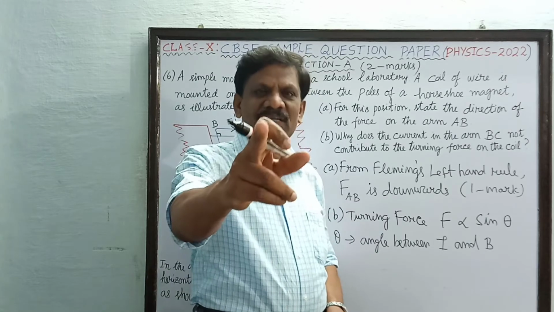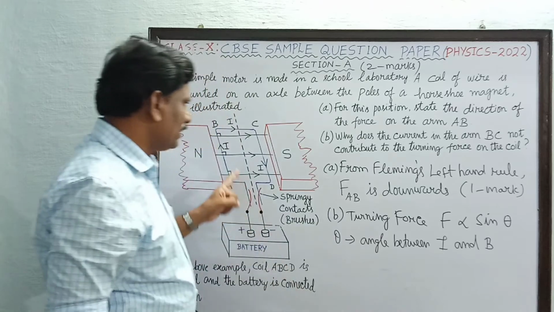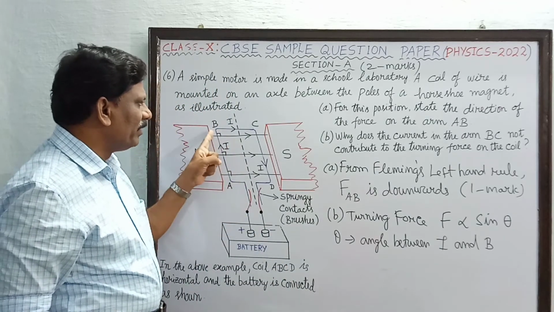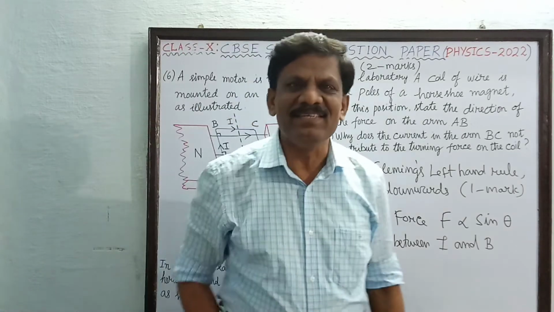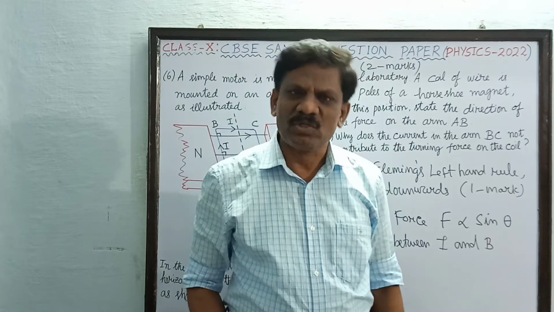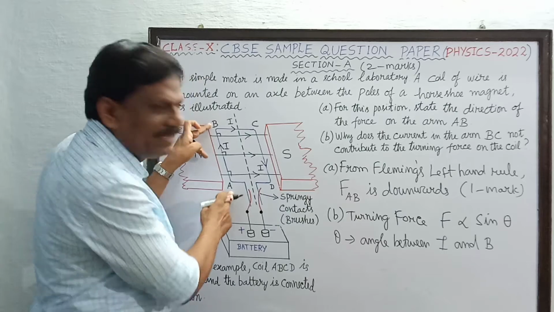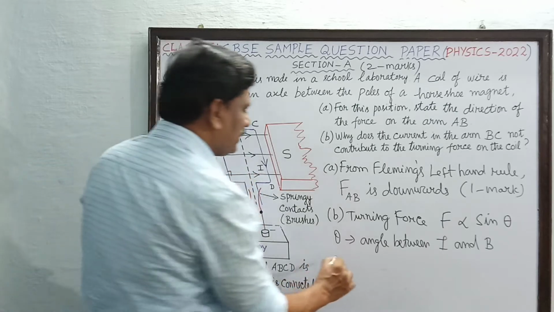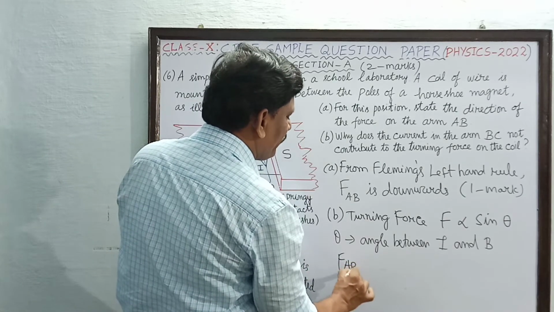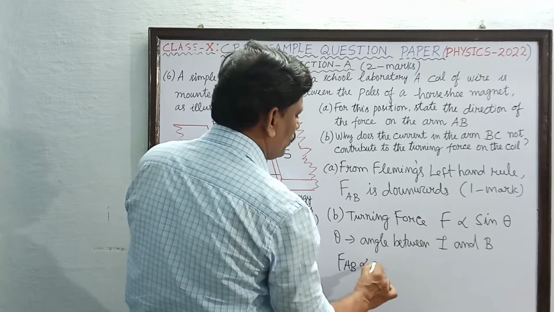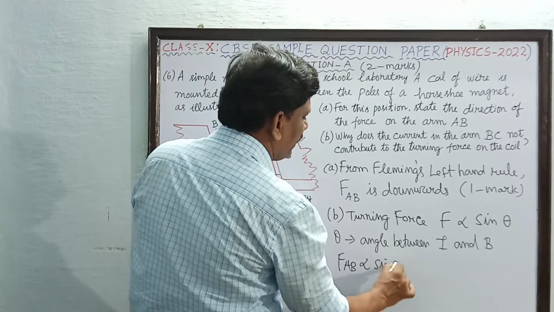But I hope you understood that the direction of the current is perpendicular to the field in AB but parallel in BC. Is it not? So what is the angle between current and the magnetic field in the branch AB? FAB is proportional to what? Sine 90.